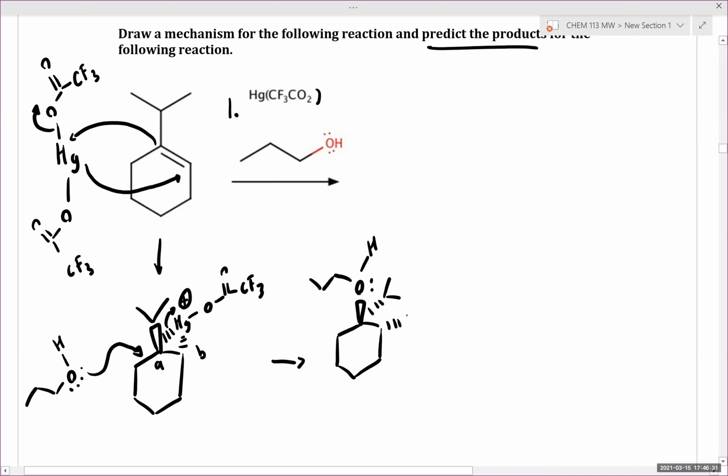Okay, so that gives us our addition product. And now as a last cleanup step, another equivalent of alcohol or an equivalent of acetate will pull off our proton.